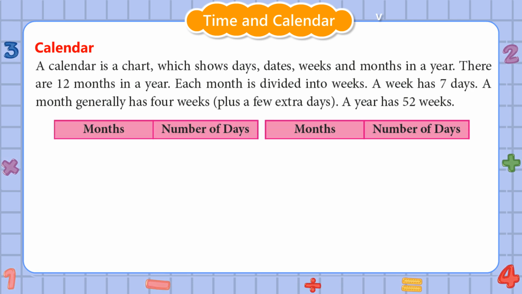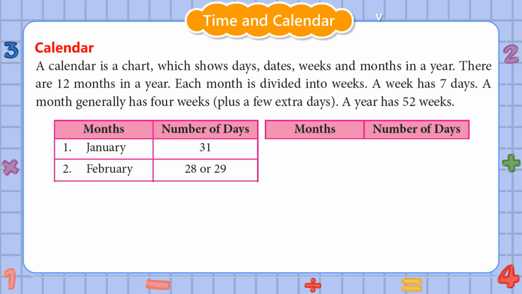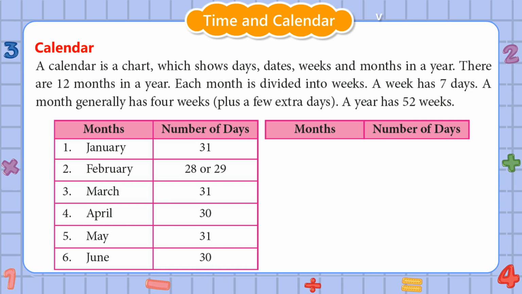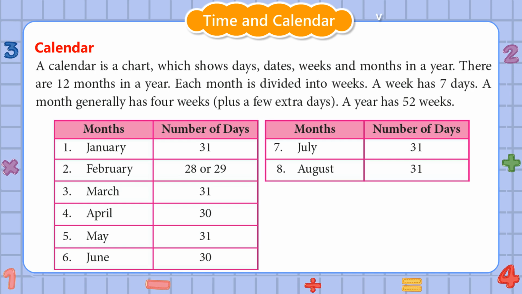Months, number of days. January, 31. February, 28 or 29. March, 31. April, 30. May, 31. June, 30. July, 31. August, 31. September, 30.